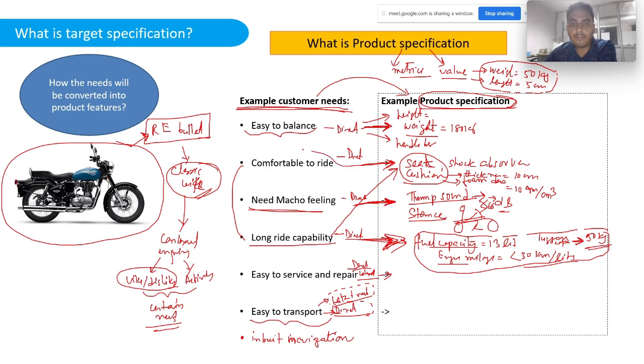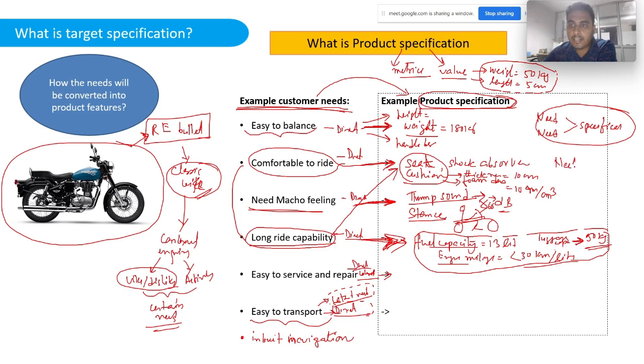So in both ways, multiple needs can have a single specification. The other thing is that a single need can also have multiple specifications.